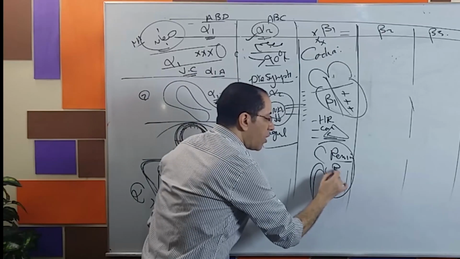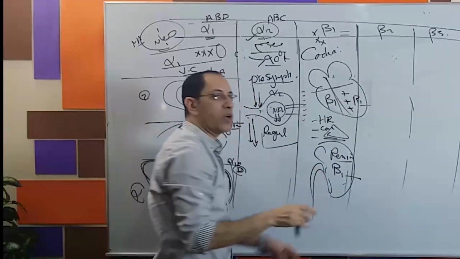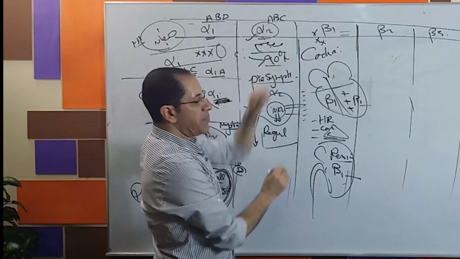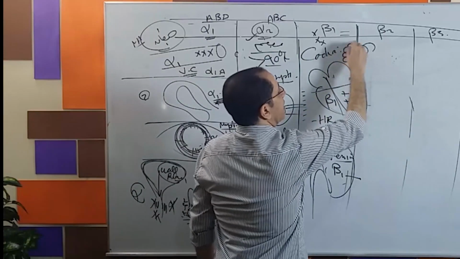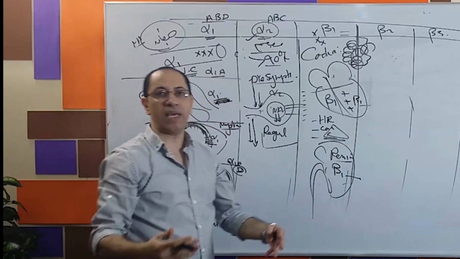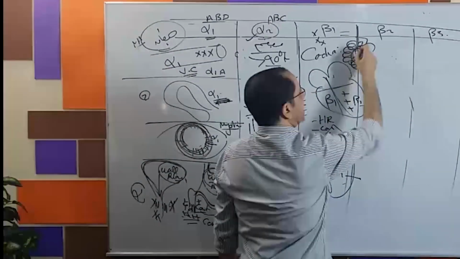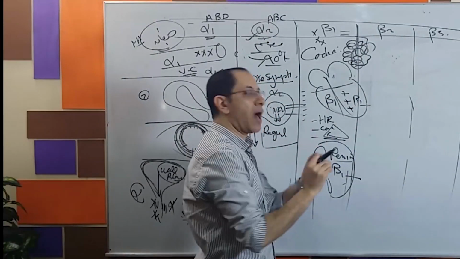Those are the most well-known places for beta-1. It's present in the kidneys and it's present in the heart. This beta-1 is also present in lipocytes or adipocytes, fat tissue cells. However, beta-3 is the predominant type there. So if someone asks you whether your adipose tissue has beta-1, then the answer is yes.